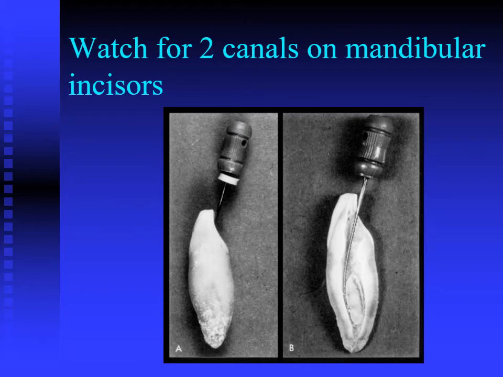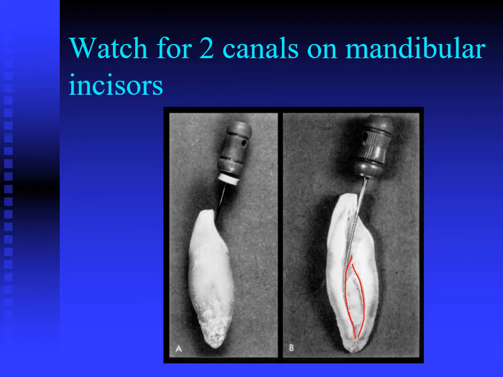This is a slide that's going to save your patient and yourself some emergency care after hours of doing root canals on mandibular incisors. Please make sure that you see and prove it to yourself that your mandibular incisor does not have two canals.